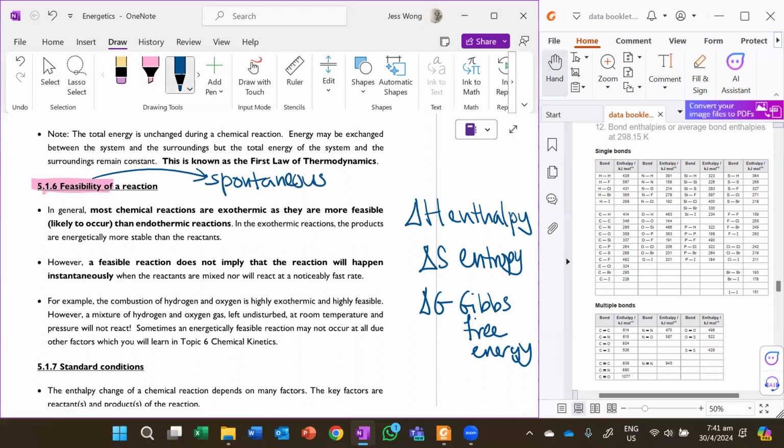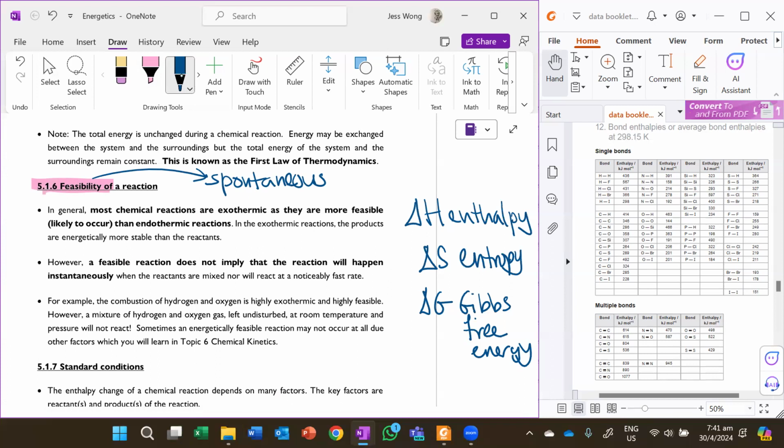So the most accurate way to determine if a reaction is spontaneous is to use delta G, which you will actually have to compute using your enthalpy and entropy. Okay, so relying on delta H or delta S alone may not be an accurate prediction of the feasibility of a reaction.